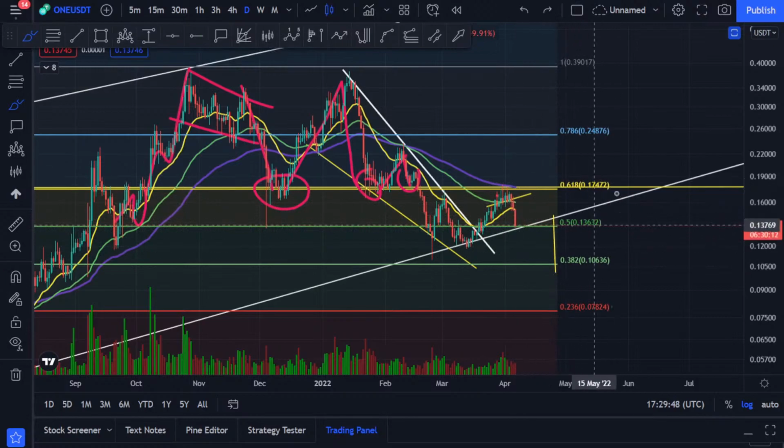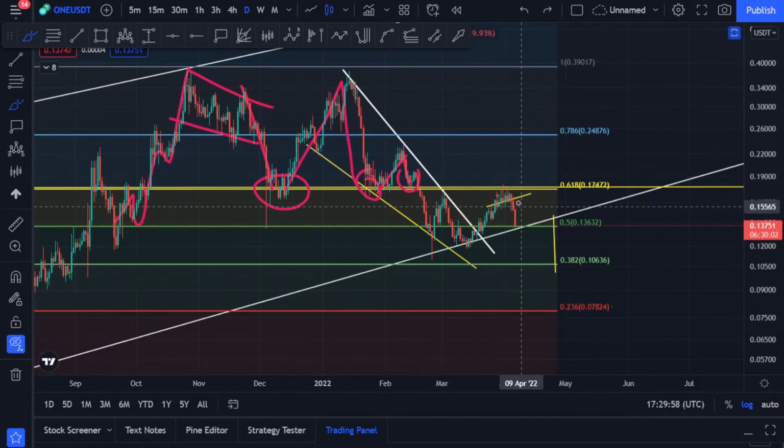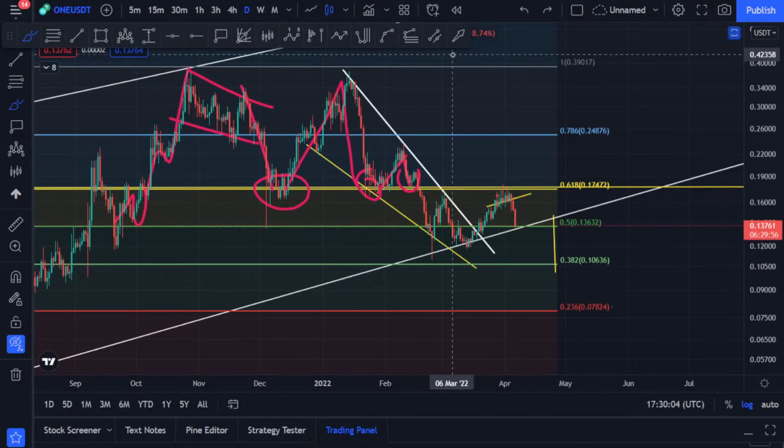So you have to be very careful, and work accordingly with these candle closes, when the candle closes in the daily, depending on what time frame you're trading on.